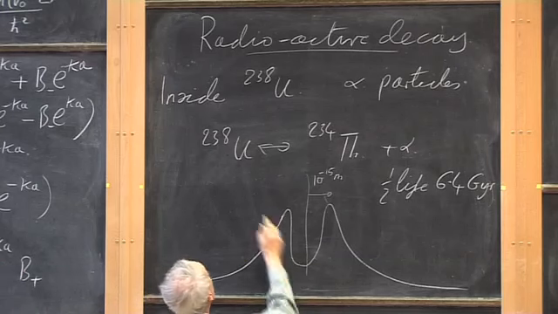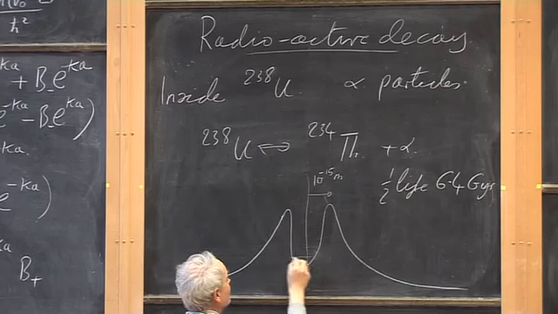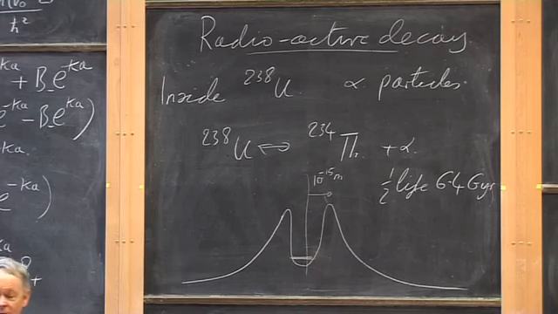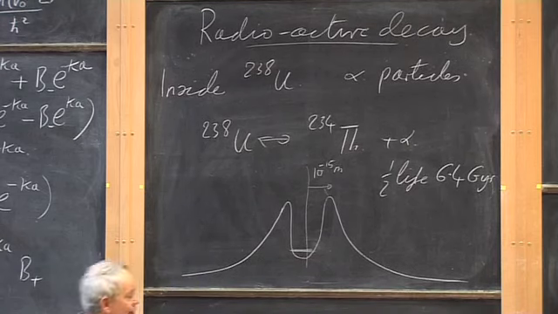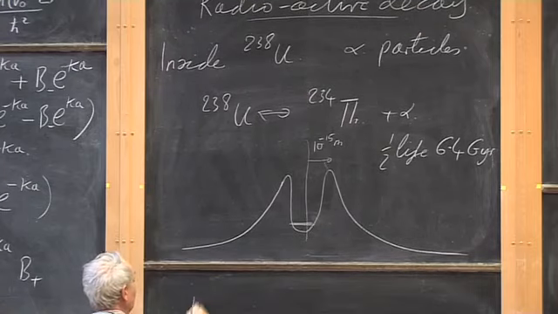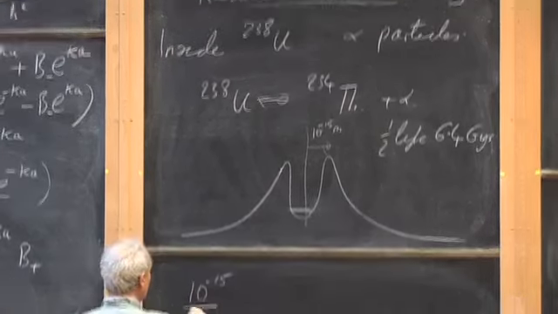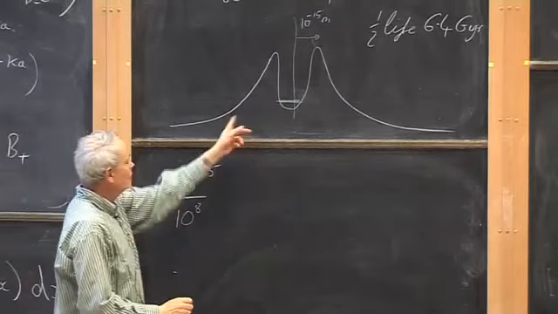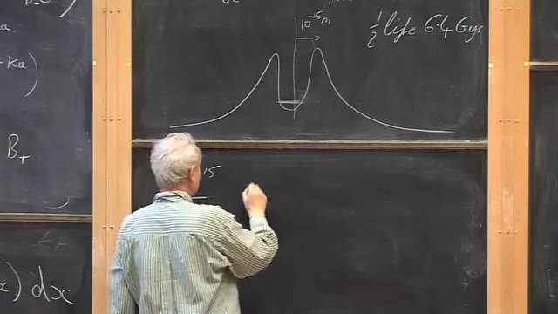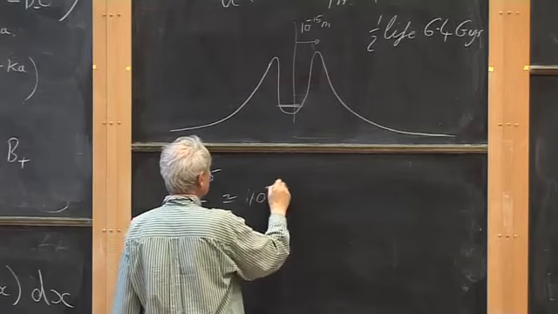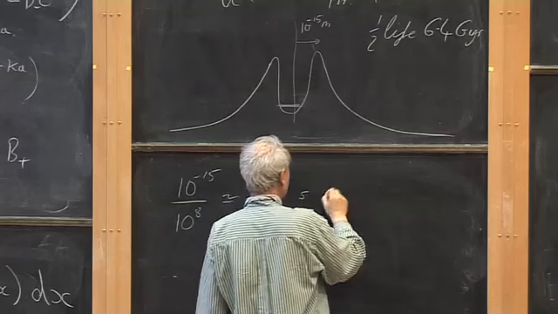Inside that uranium-238 that you mine in Australia or something, there's some alpha particle moving around with a large, sort of relativistic velocity. Every motion inside nuclei is kind of relativistic. So it bangs to and fro across here. If you've got 10 to the minus 15 meters to cover and you're traveling at some speed comparable to the speed of light, you need about 10 to the minus 23 seconds to cross.